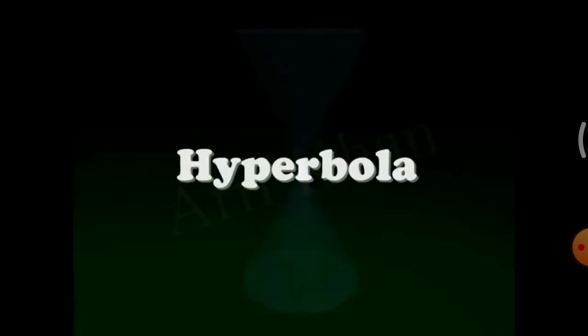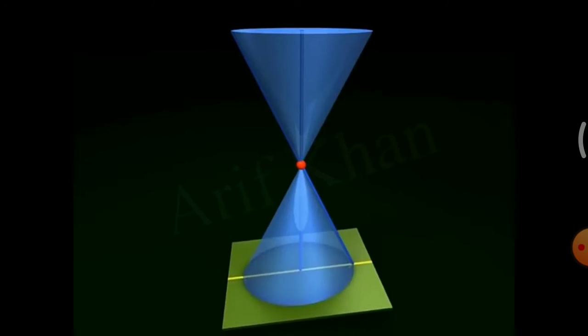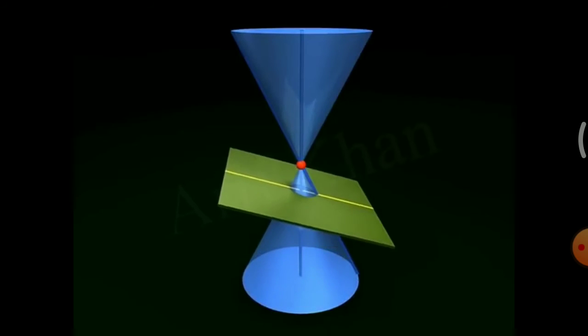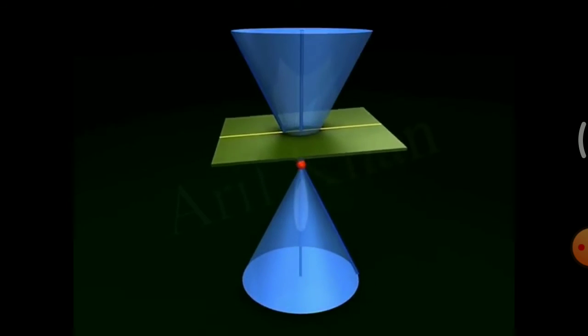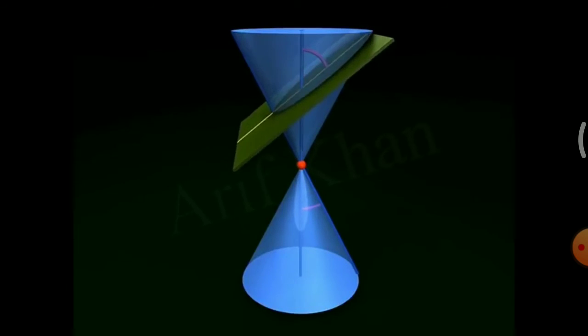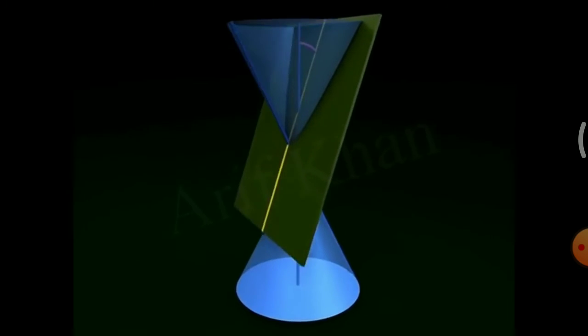Last one is the hyperbola. When the plane intersects only one side, that is one nap of the right circular cone, the angle between the plane and the vertical axis is greater than or equal to the vertex angle.